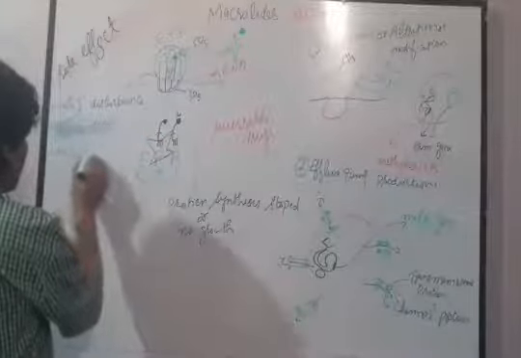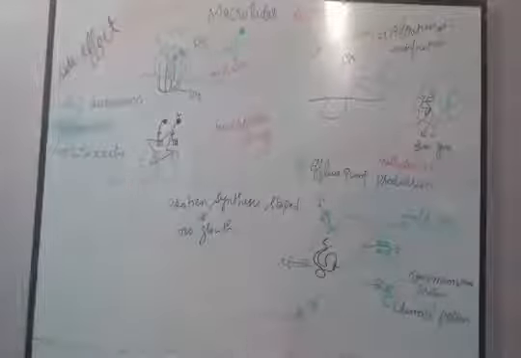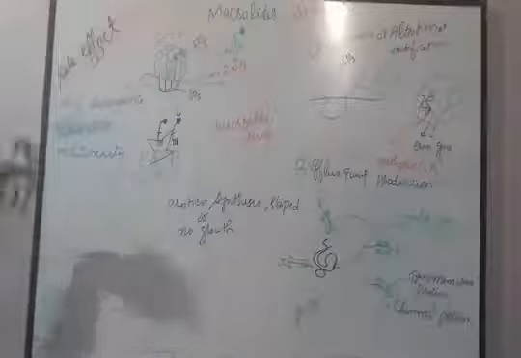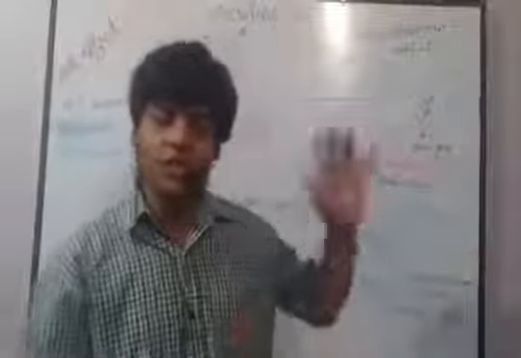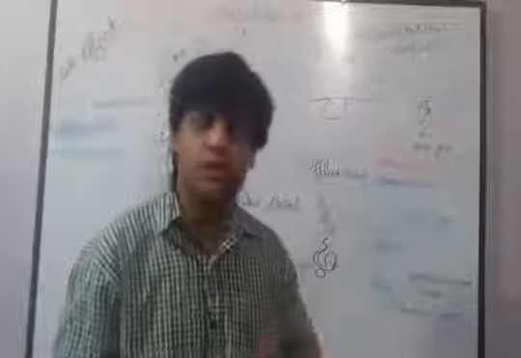The third is ototoxicity. And there are some other side effects, but these are the common ones. So that's all about the macrolides: side effects, mechanism of action, resistance, antibacterial spectrum, and some other discussion about the macrolides as well.